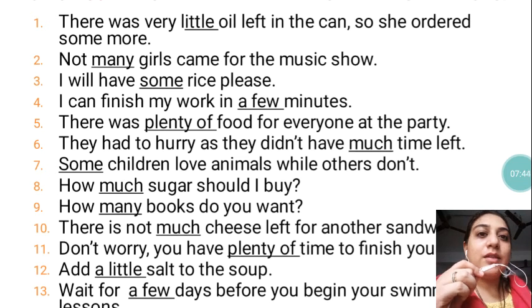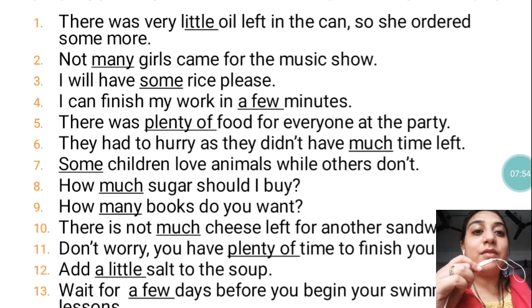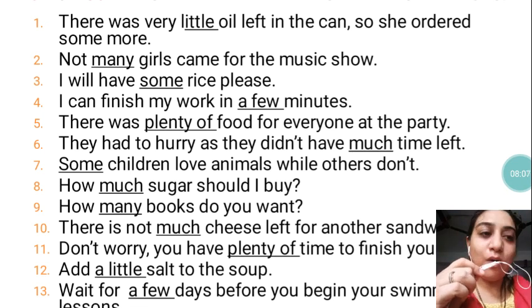Fifth blank, there was dash food for everyone at the party. We cannot count food, because in food there will be variety, suppose there is rice, soup, anything, we cannot count each particle or droplet of food. So what will we use over here? Plenty of.